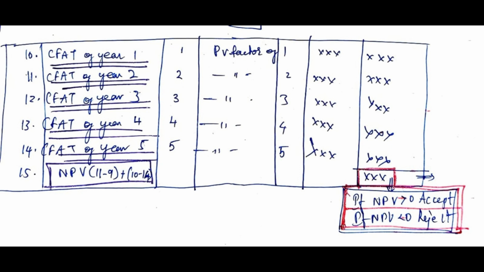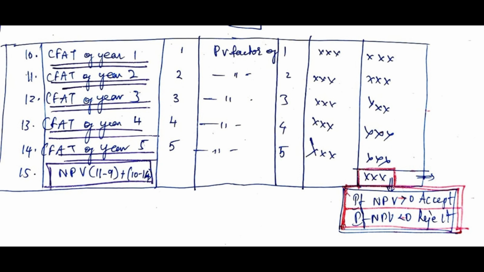Final NPV will be 11 minus 9 plus 10 minus 14. 10 and 14 are nothing but CFAT 1 to CFAT 5, and 11 is CFAT 2, and the tax saving on retrenchment compensation is deducted, and we add back two factors here. If the NPV is greater than 0, we accept the project. If the NPV is lesser than 0, we reject the project.